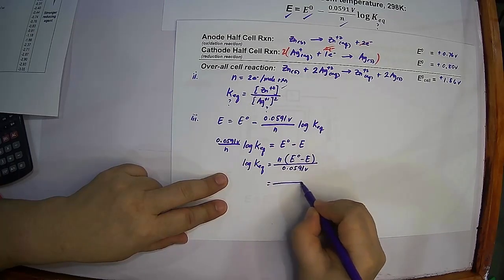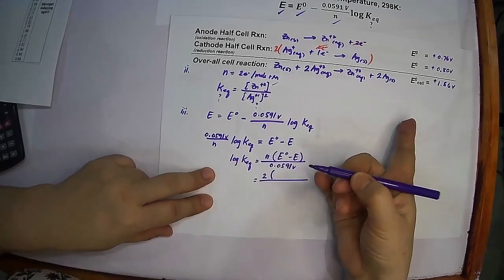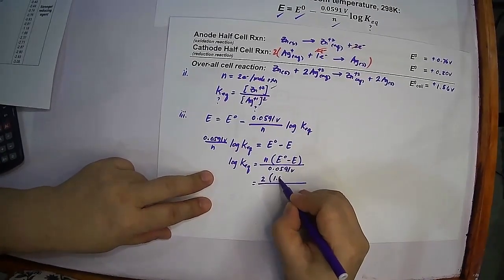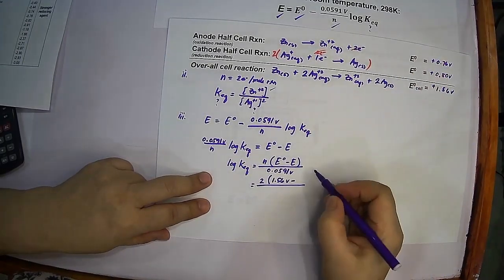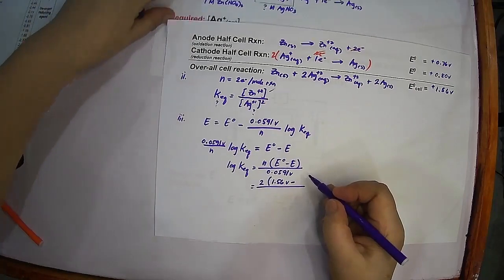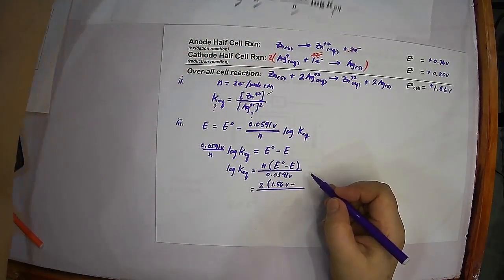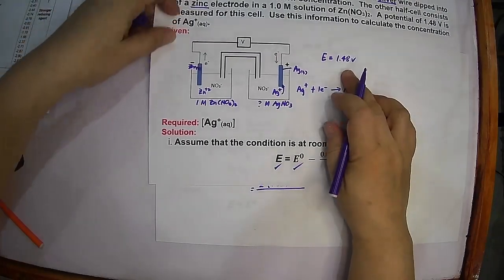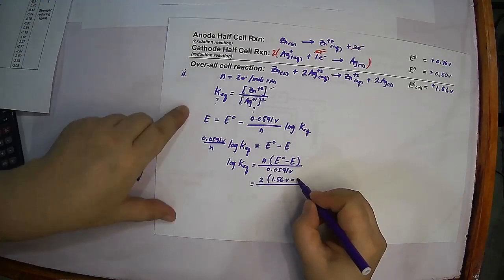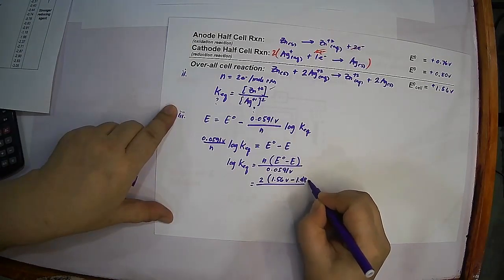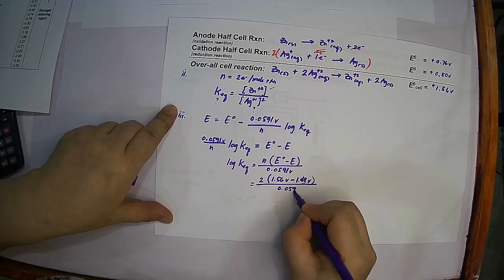So we have 2 times 1.56 volt minus the given, which is 1.48 here. It's given in the problem. Over 0.0591 volt.